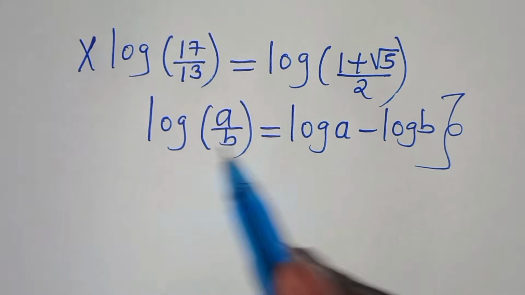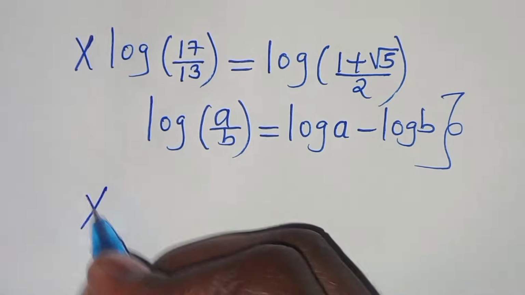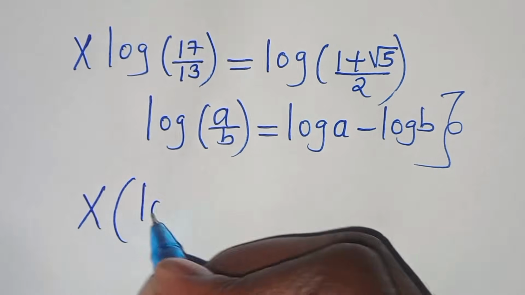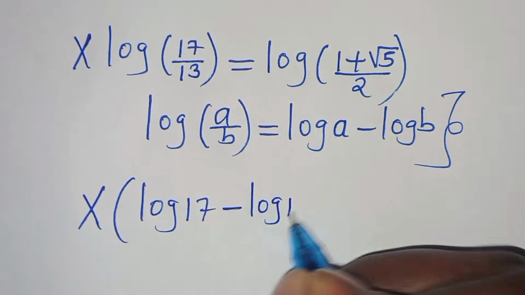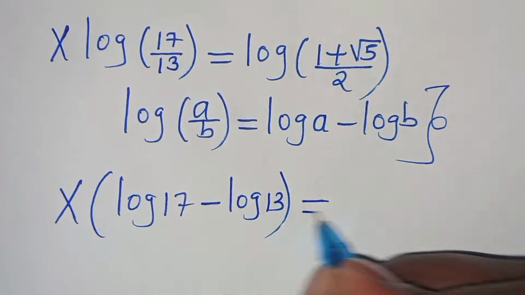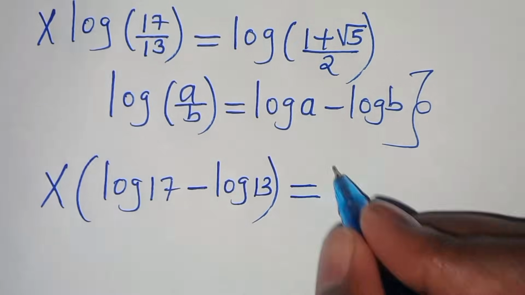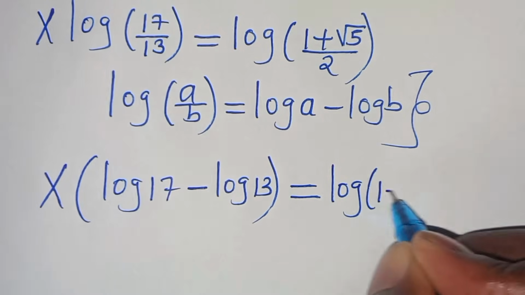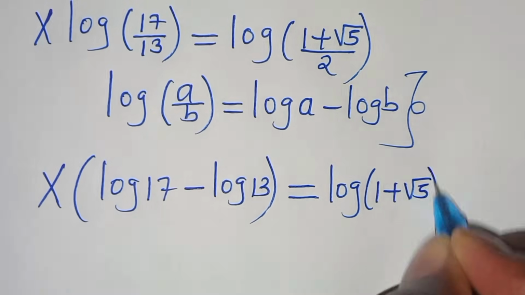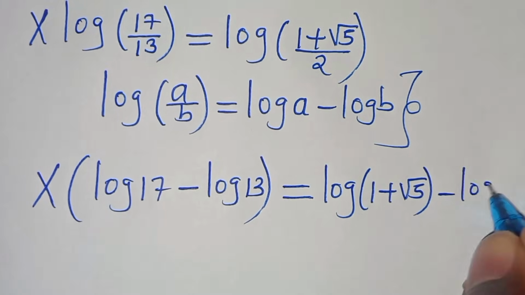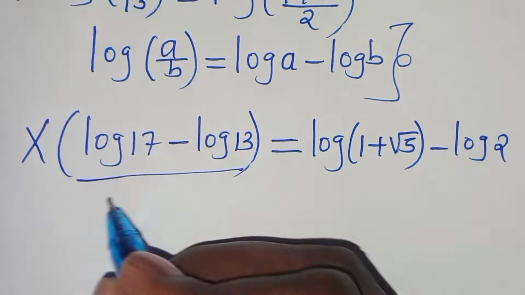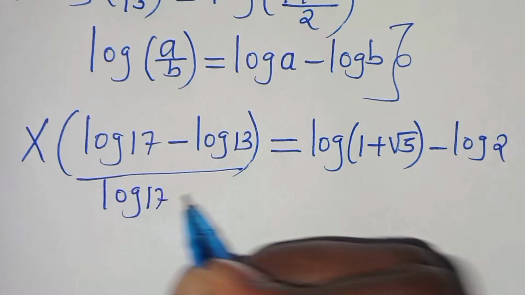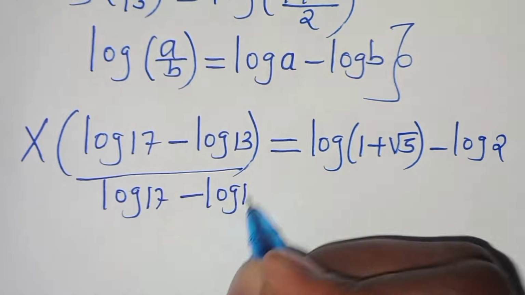Now, applying this logarithm property, we have x in the parentheses. This is log 17 subtract log 13. This is equal to log of 1 plus square root of 5 subtract log 2. Now, let's divide both sides by log 17 minus log 13.